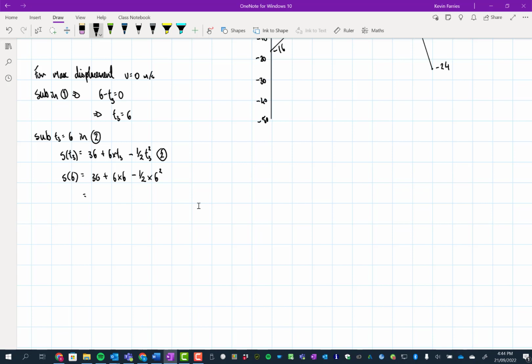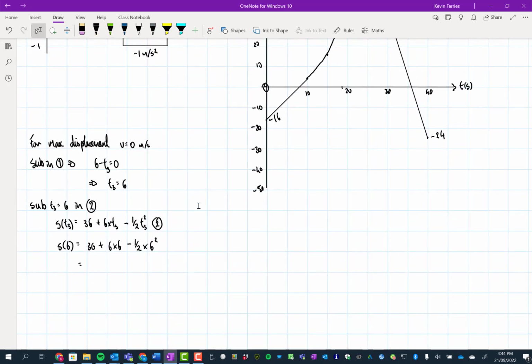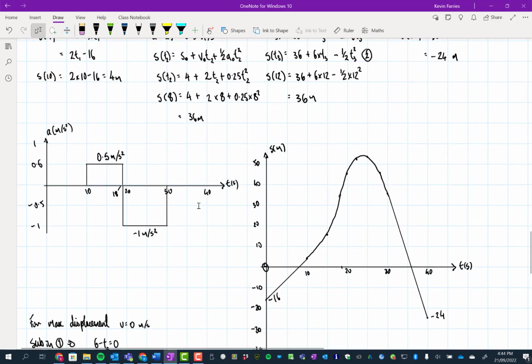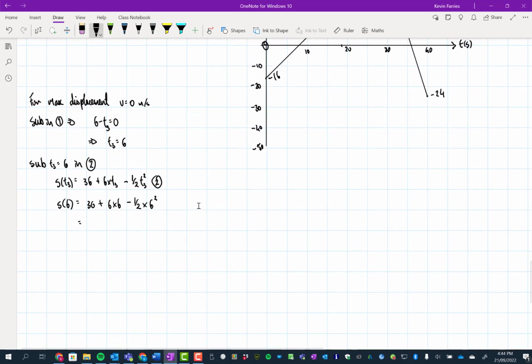It's a 36's, which is equal to 36 plus 6 squared minus 0.5 times 6 squared, which is equal to 54. And we've probably actually calculated that before, but anyway, that's how you would figure it out. So it's 54 meters is max displacement.